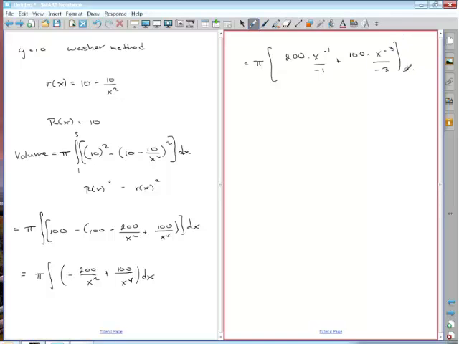And we'll evaluate that between x equals 1 and x equals 5. So that's the same as 200 over x. Actually, we had a negative sign there, so the two negative signs will become a positive sign. This one will be negative, and we'll have 100 over x cubed.